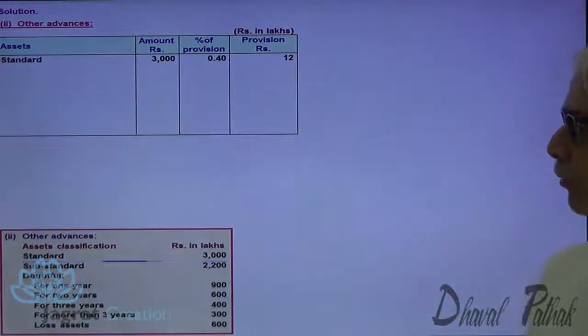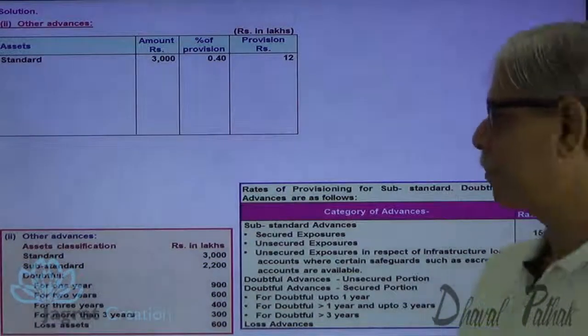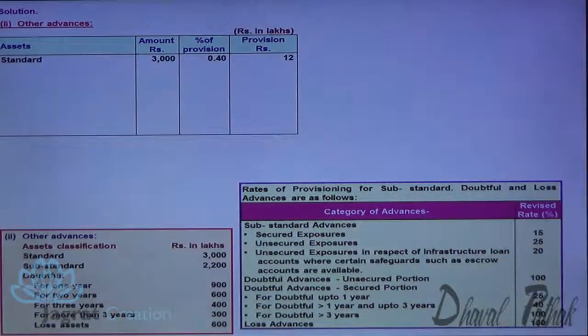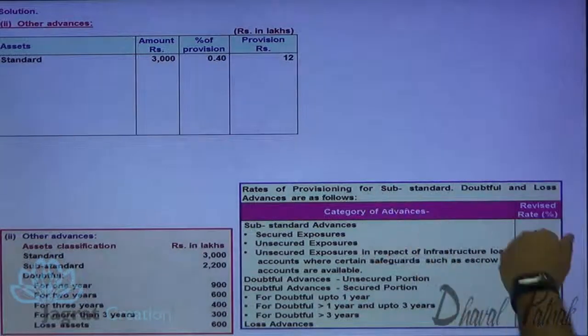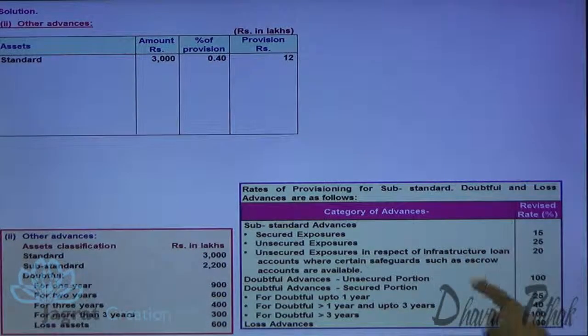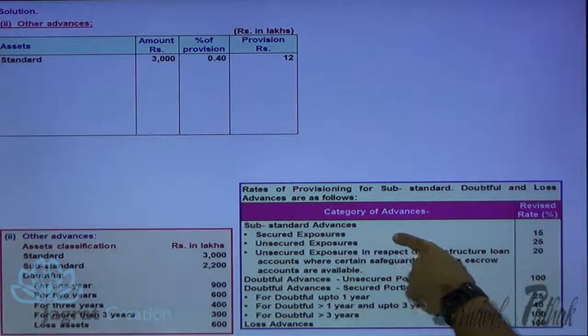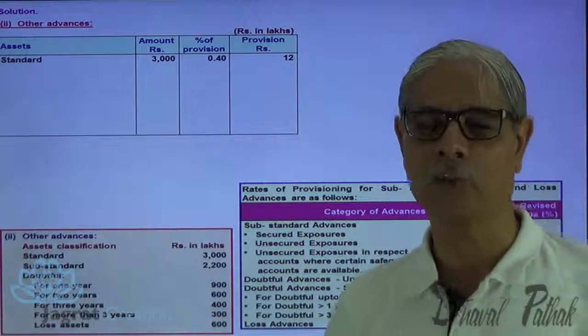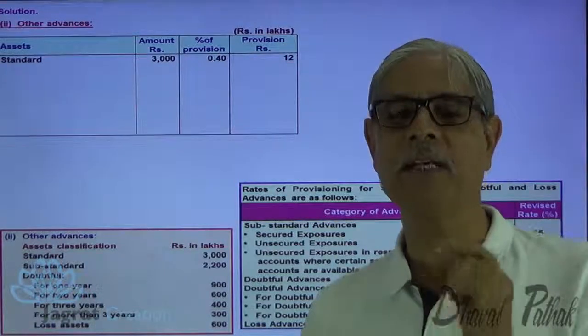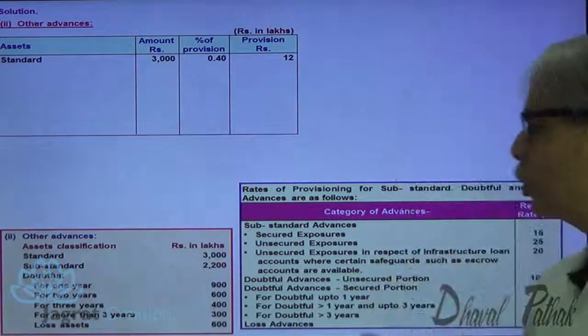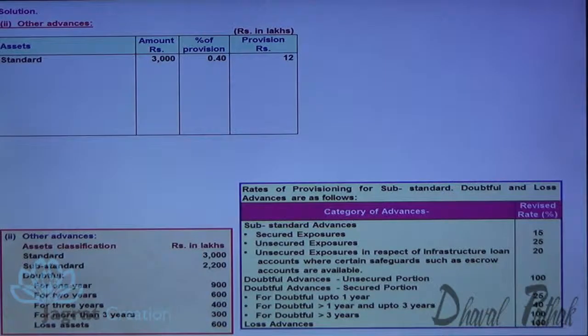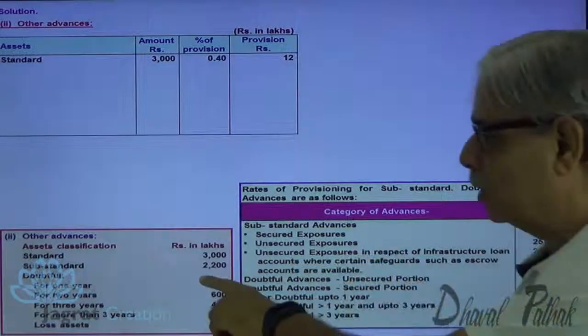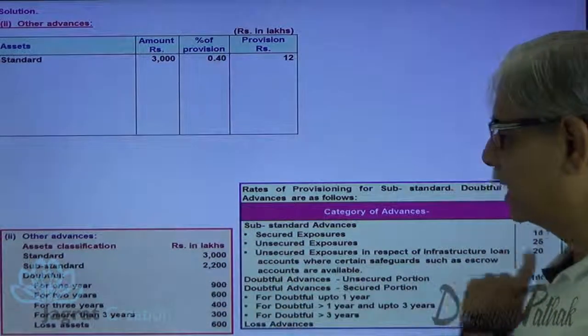Now, for substandard assets, the rates of provision for substandard and doubtful and loss assets are as follows. Category of advances: substandard, secured exposure. So for substandard asset 2,200, you should presume that it is a secured exposure. So you are required to make a provision of 15%. Unsecured exposure is not given.